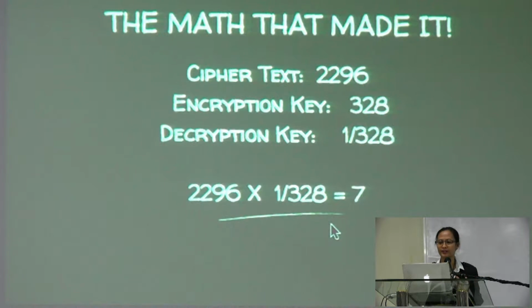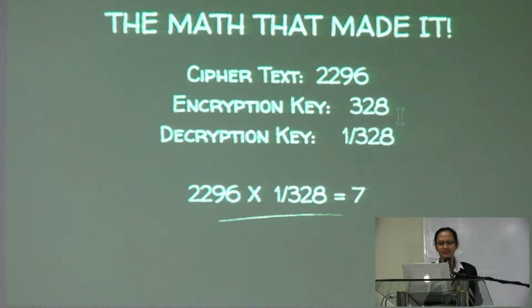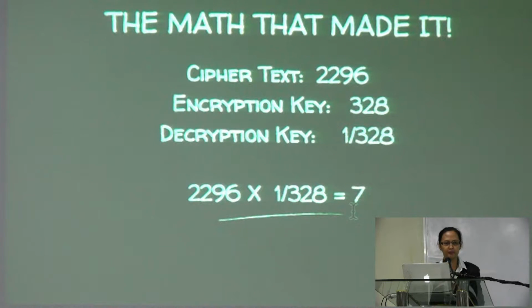So here's the ciphertext 2296. You know that the encryption key is 328, and then I can choose my decryption key 1/328. So that by just multiplying 2296 by 1/328, I will be able to get the plain text 7. Of course, sasabihin mo, okay, class, parang ganyan talaga yung proseso. But it's not really that simple.